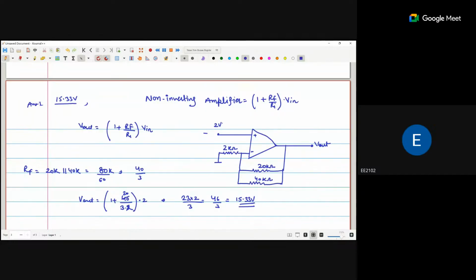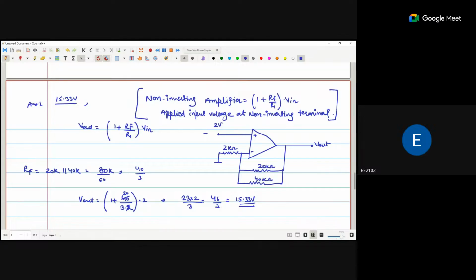And what is the meaning of non-inverting amplifier? The input voltage is applied at the non-inverting terminal. Okay, just remember this.